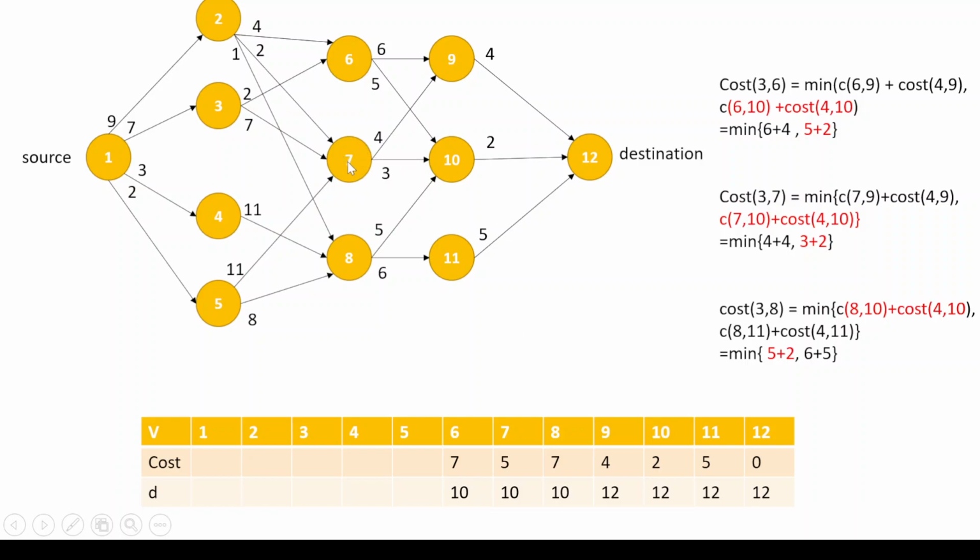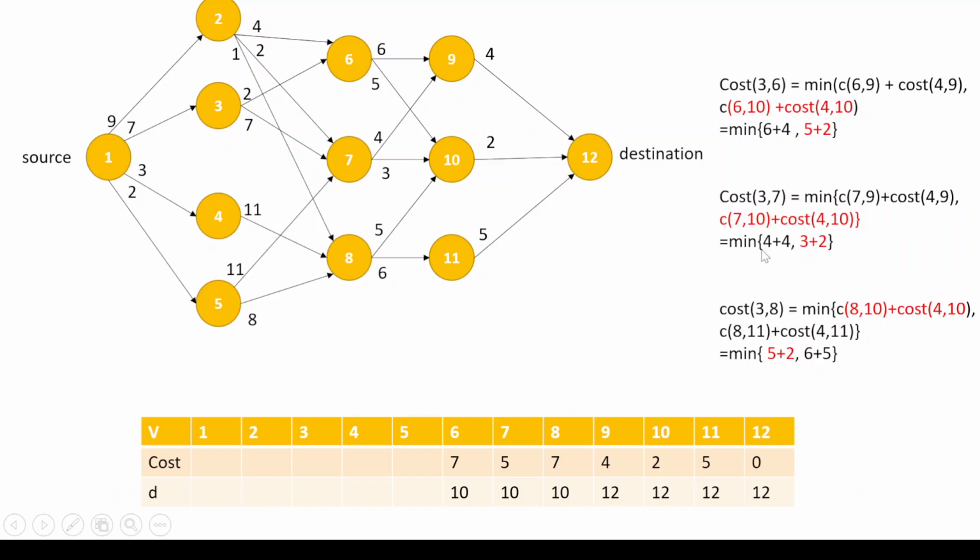Similarly, let's find the cost of third stage, seventh vertex. Cost of third stage, seventh vertex is minimum of cost of 7, 9 and the weight of this edge plus cost of fourth stage, ninth vertex, comma, cost of this edge 7, 10 plus cost of this fourth stage 10th vertex.